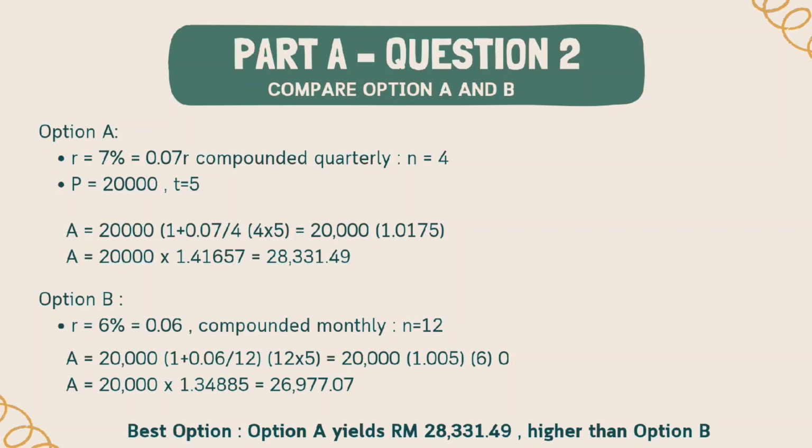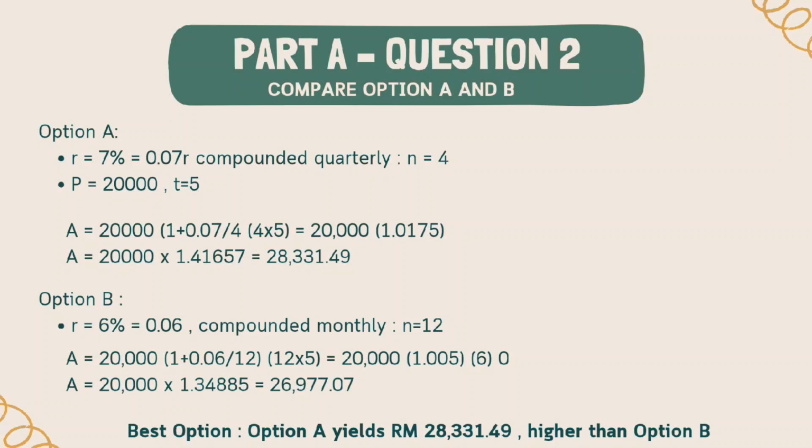And for option B, the option offers an annual interest rate of 6% compounded monthly. So the rate is 6%, which is 0.06, and n equals 12 because it's monthly.